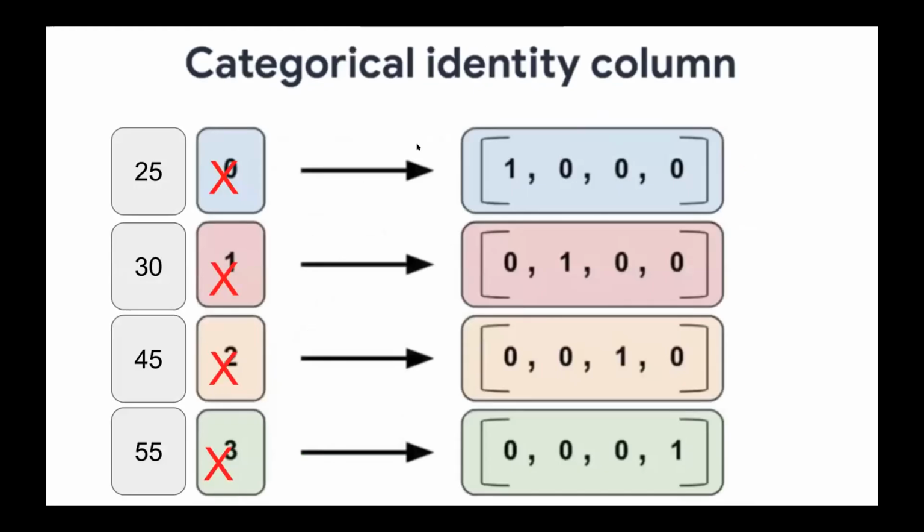The next one we want to look at is an identity column, where you've already got numbers that represent some value in a category. Instead of feeding the numbers in, which may or may not have some sort of order to them, or is 55 really that much better than 25? Maybe it is, but if you want to make them identities with one-hot encoding, like 1, 0, 0, you can use this categorical identity.